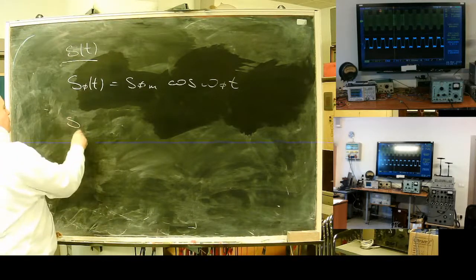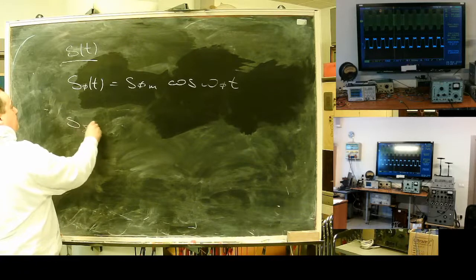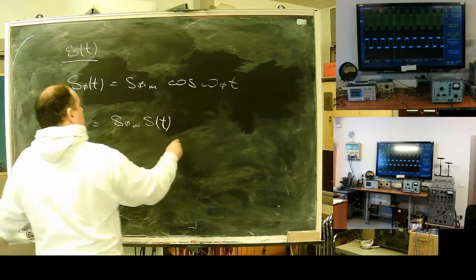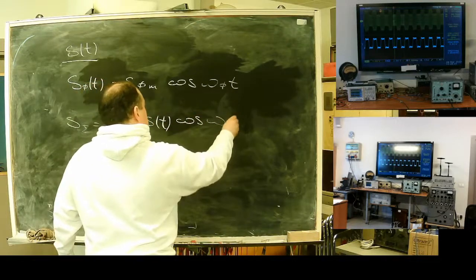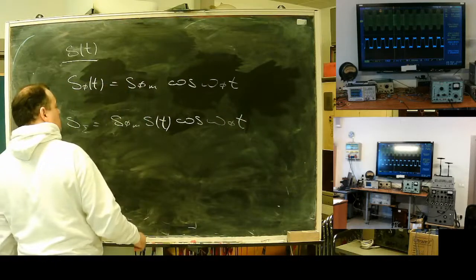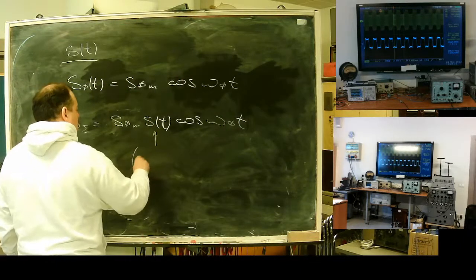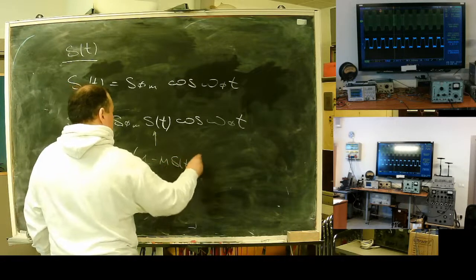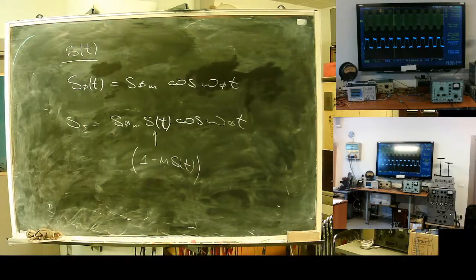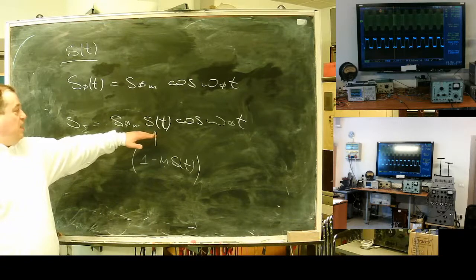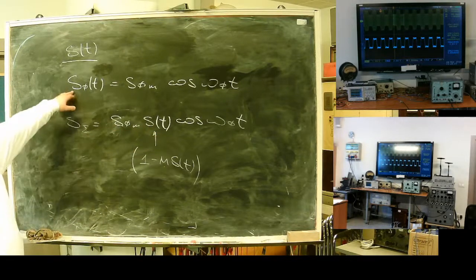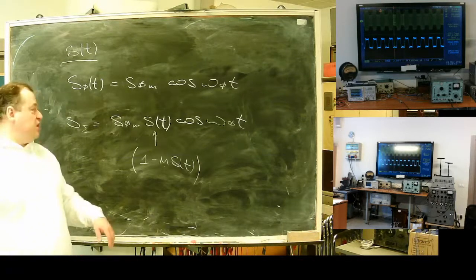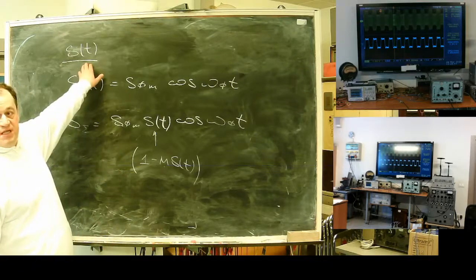If I form a signal as S0 times cosine omega 0 t, maybe it's better than this, but 1 minus some m times the signal, where m is a modulation index. Anyway, it's a modulation. I have put the carrier signal under the law, or it's now subject to the law of the transferable signal.